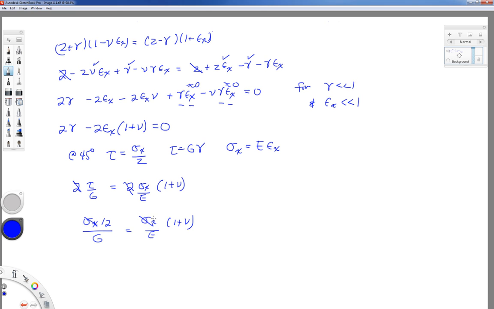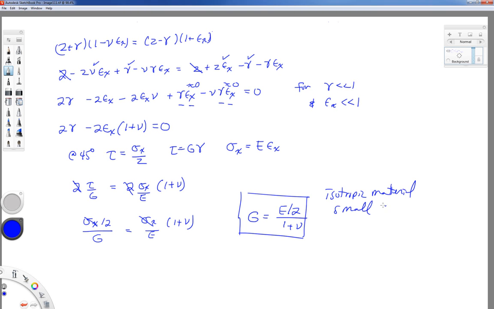The sigma x's cancel out, and if we rearrange this, solving for the shear modulus G, we get G equal to E over 2 divided by 1 plus nu. So again, isotropic material and small strains. All right, and that'll wrap this up.